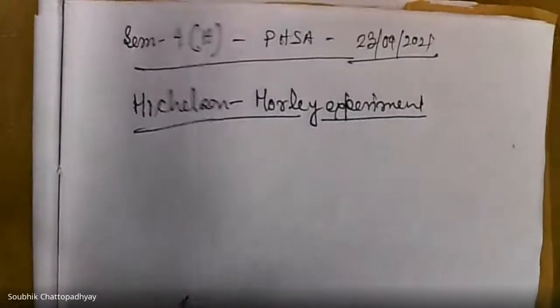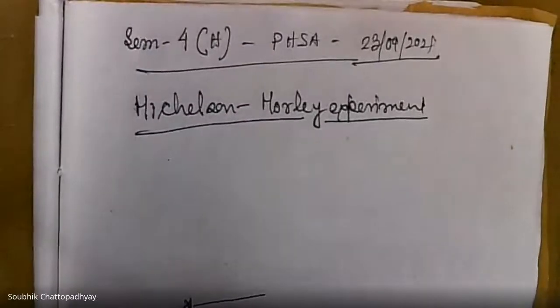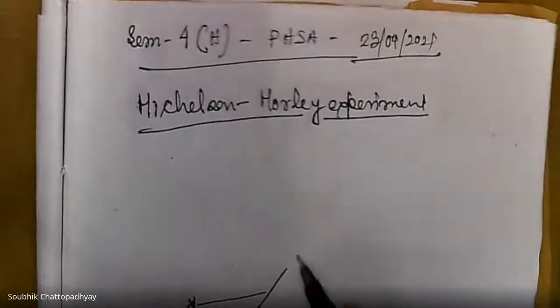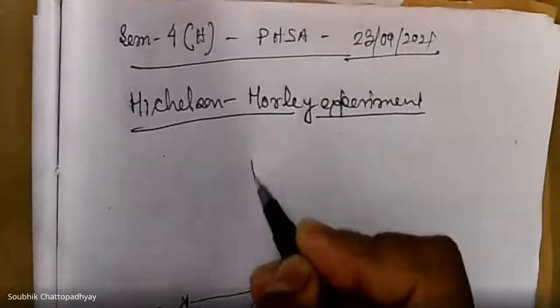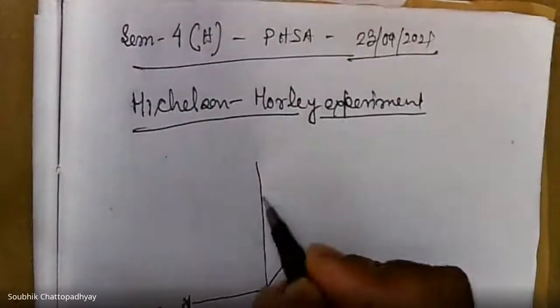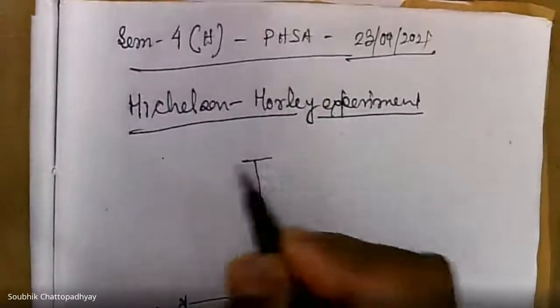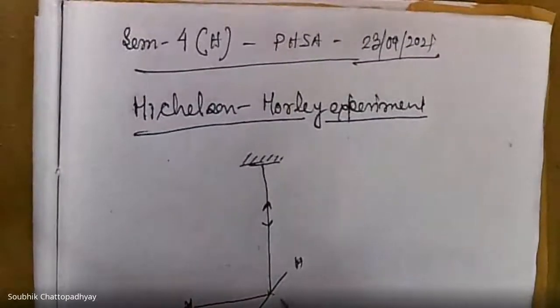This is my source S. Here there is a half silver plate M. This is one plate.